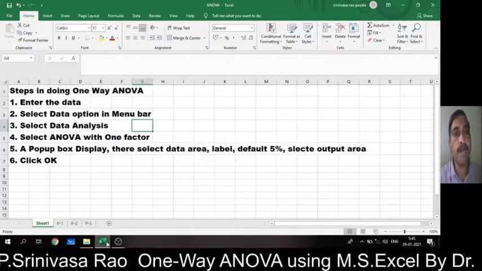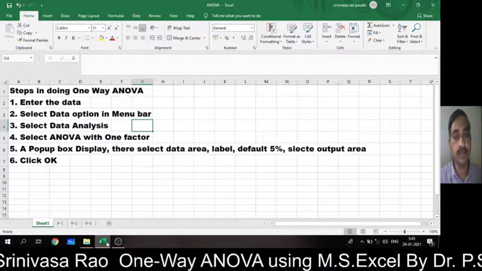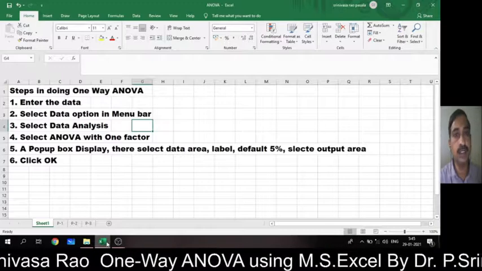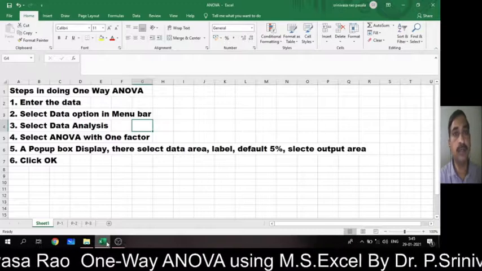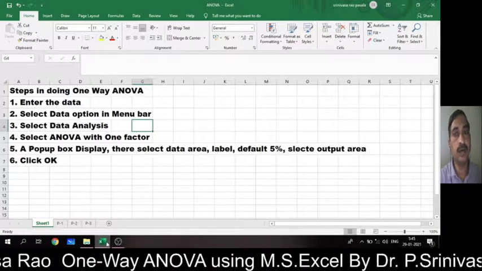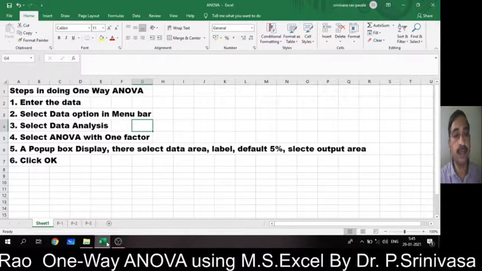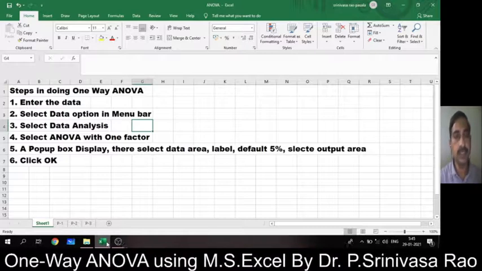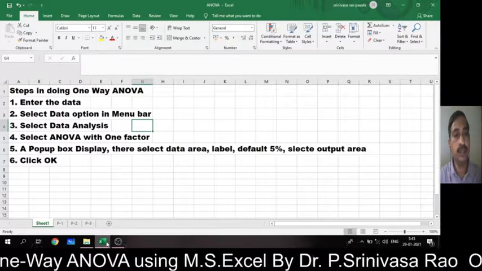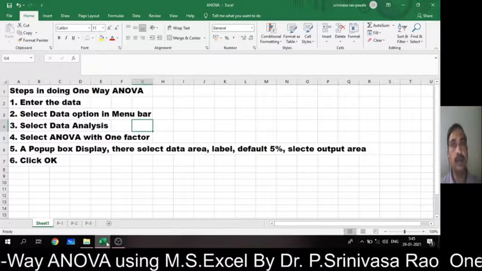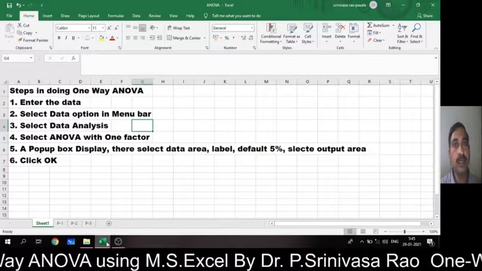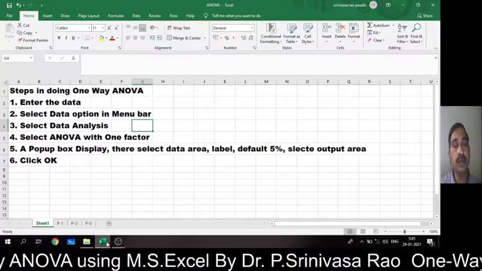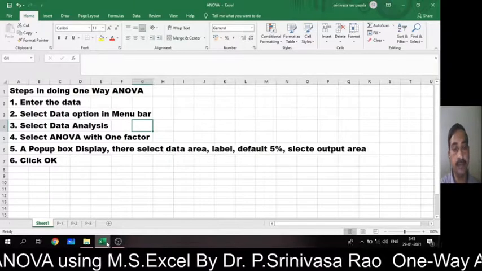ANOVA is a technique used to analyze the homogeneity of several population or sample means. So let us see the steps involved in the ANOVA technique used in MS Excel.